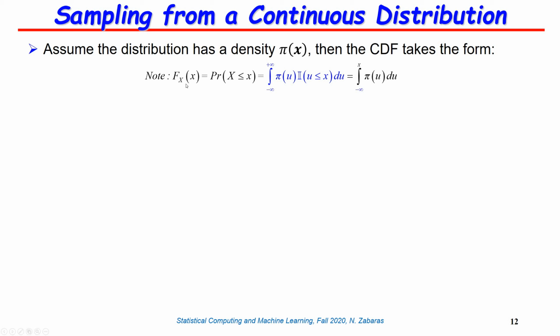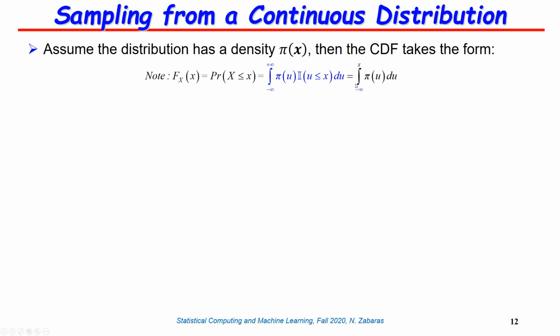This is the CDF of some random variable x that has a PDF pi of x. The CDF is nothing else by definition but the probability of capital X being less or equal to little x. And that's my definition on the right-hand side of the CDF the way you know it.